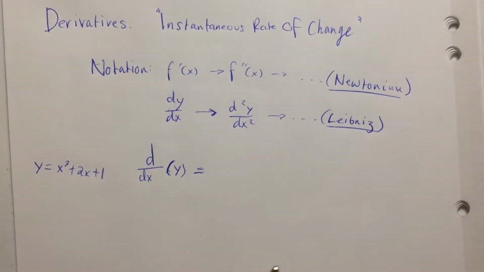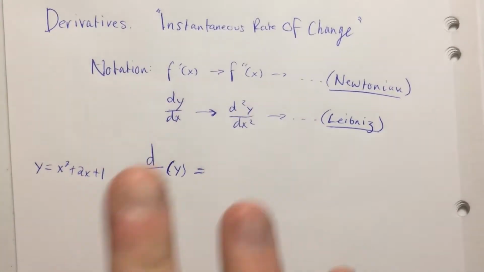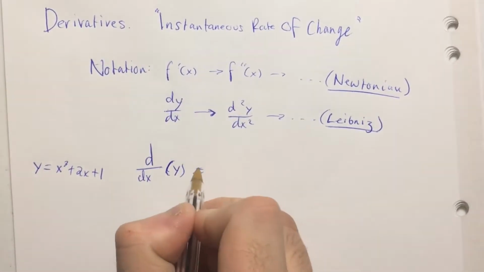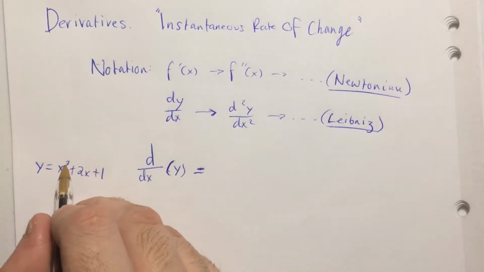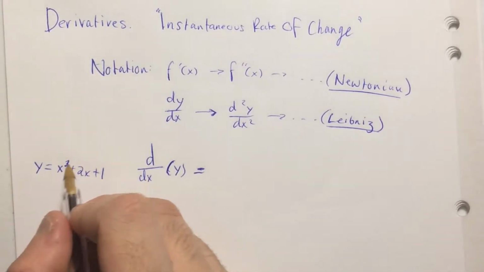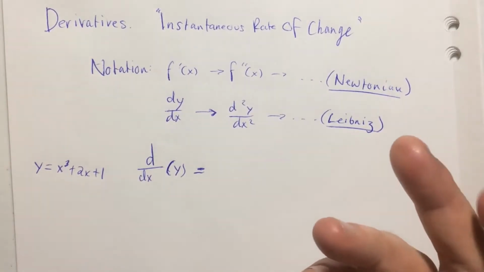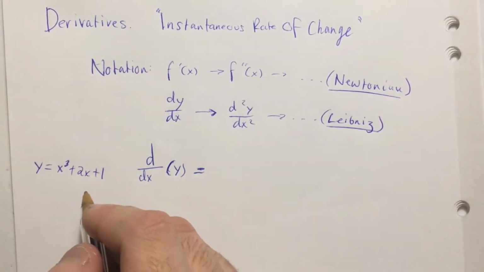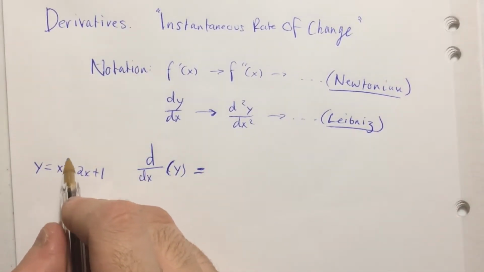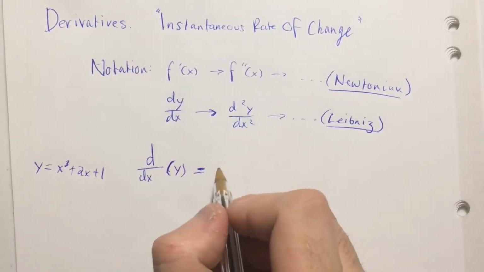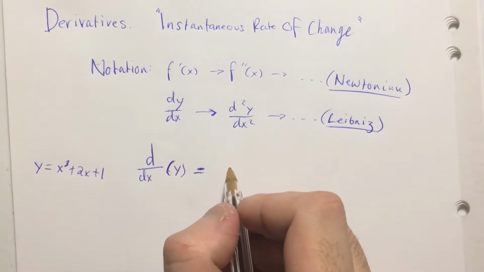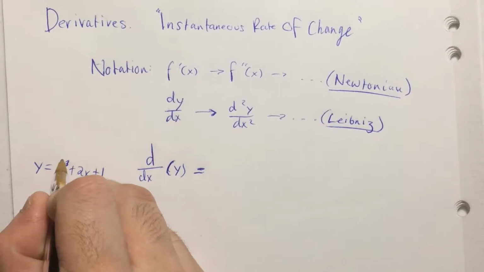If my function is x cubed plus 2x plus 1, here's how you do it. There's this thing called the power rule. In this example, we only use the power rule, which gets its name from how we say x to the power of 3. If you've got an exponent of 3, what you do when you're doing differentiation by power rule is you pull that power out the front.